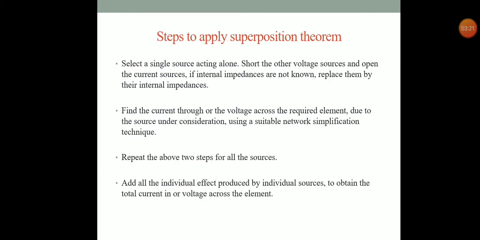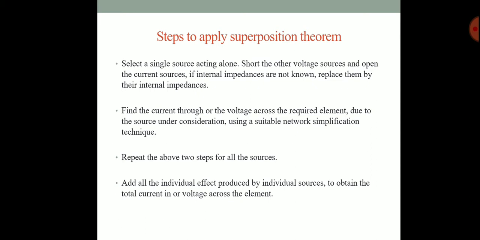Now the steps to apply the superposition theorem. Step 1, select a single source acting alone, short the other voltage sources and open the current sources, if internal impedances are not known; if known, replace them by their internal impedance.